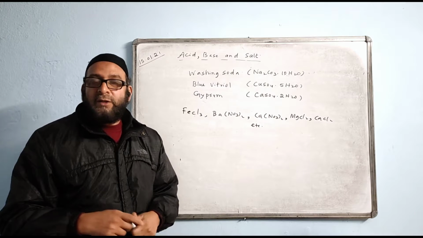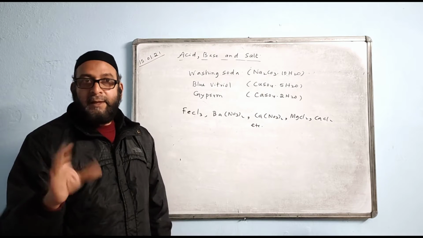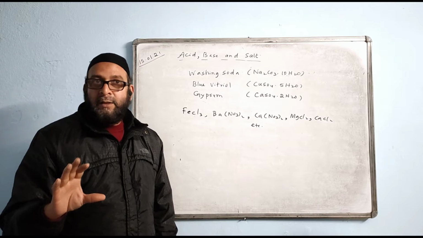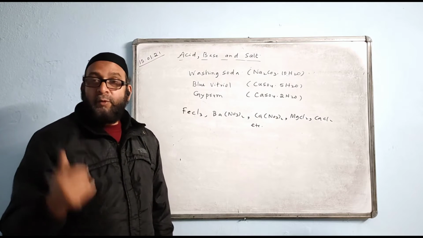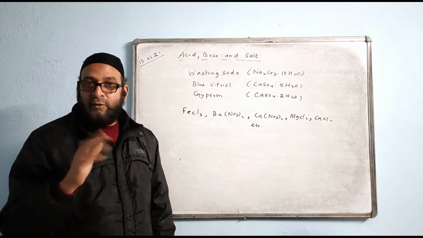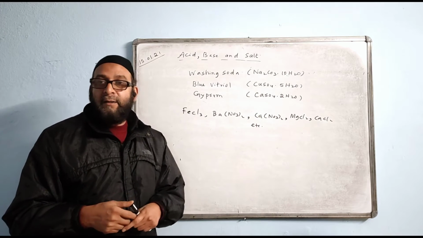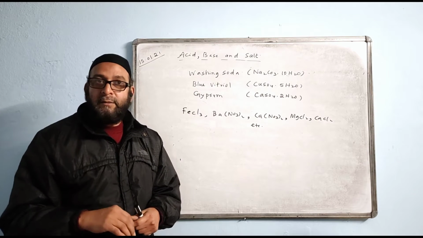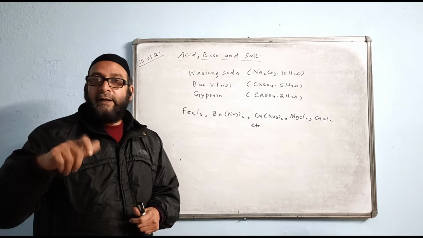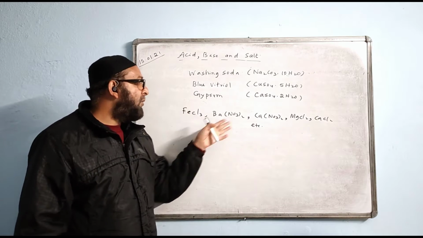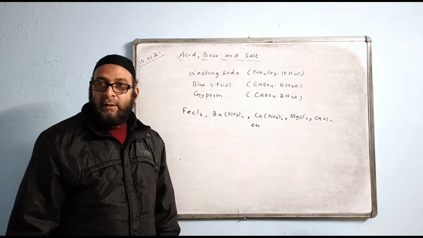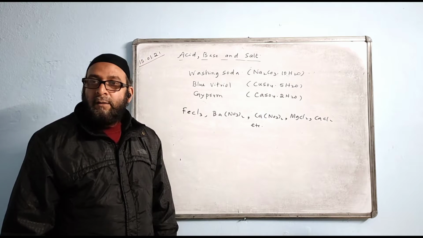And the deliquescent salts are kept in an airtight container so that they do not absorb moisture from the air and do not change into liquid. To prevent them from changing into liquid, we have to keep them in an airtight bottle. They are called deliquescent salts. Okay.